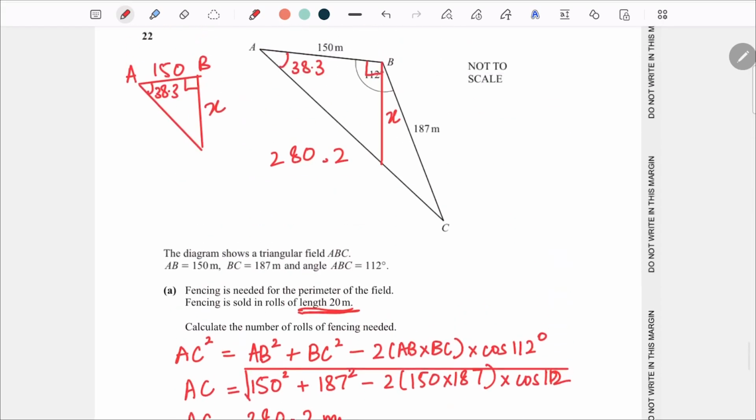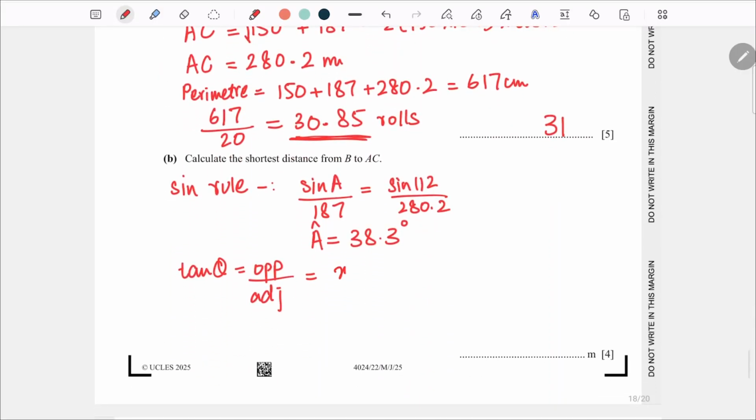The opposite side is X and adjacent is 150. So tan 38.3 is equal to X divided by 150. So X will be equal to tan 38.3 multiplied by 150, and this will be 118.3.